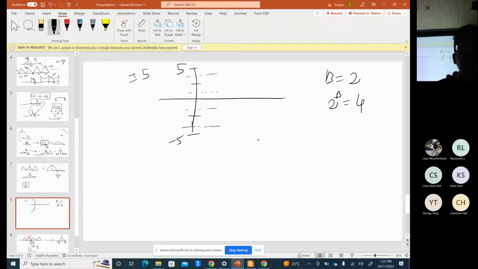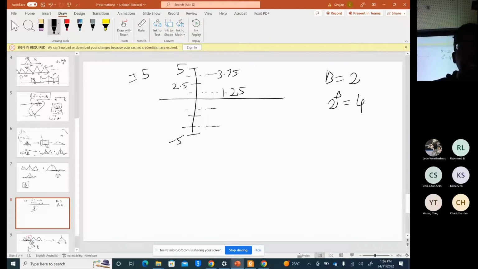So these are the quantized values: 1.25, 2.5, 3.75.